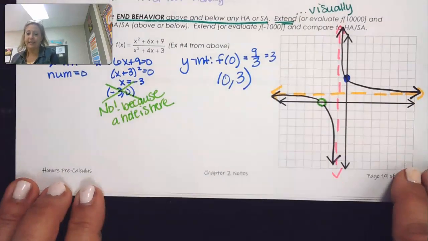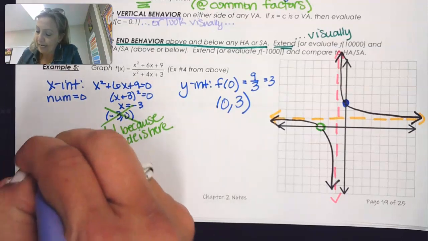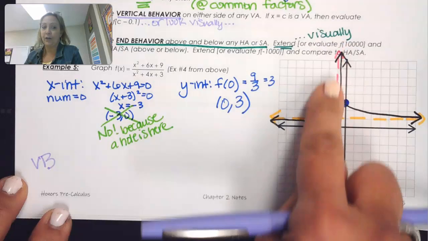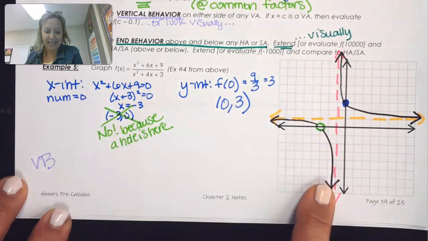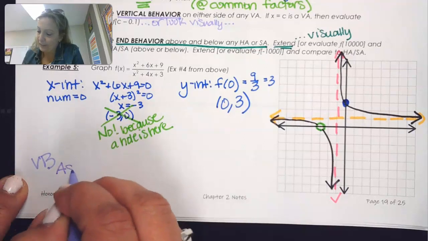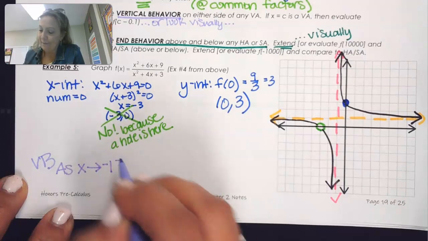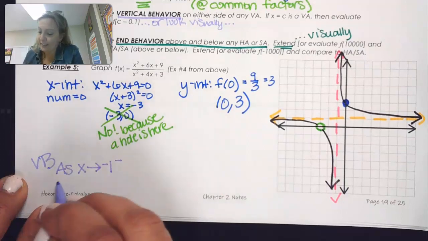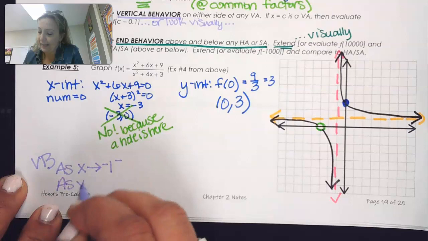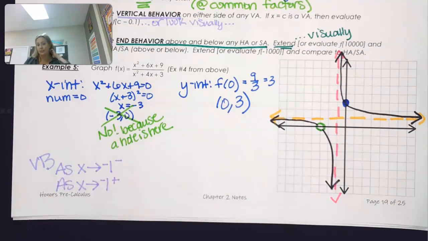But let's also in this, again, discuss the vertical behavior. Okay. So again, for our vertical behavior, you're going to look at your vertical asymptote. Our vertical asymptote is at x equals -1. So we're going to talk about what happens as x approaches -1 from the left and what happens as x approaches -1 from the right, okay?